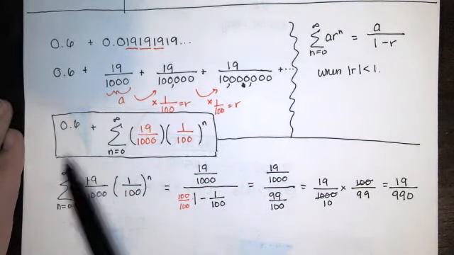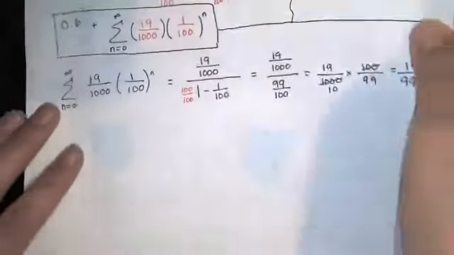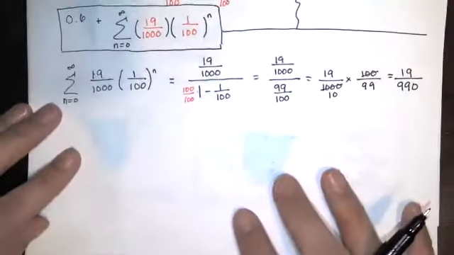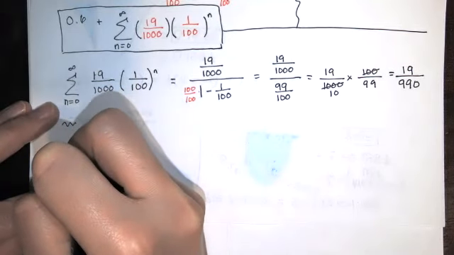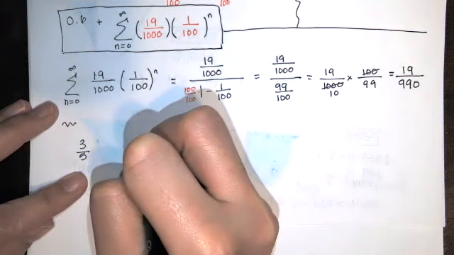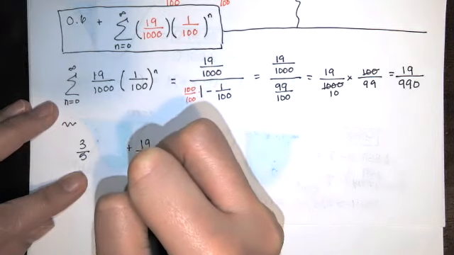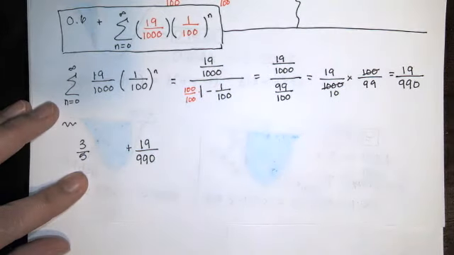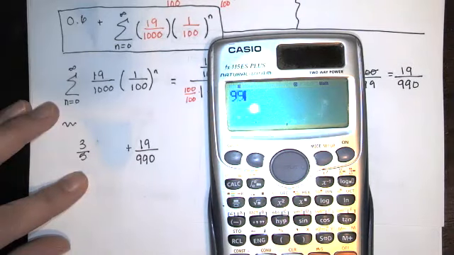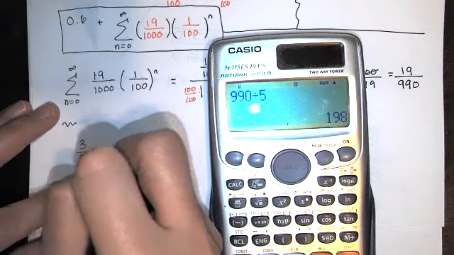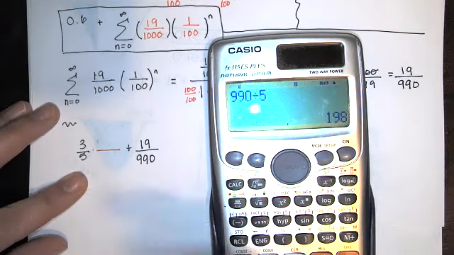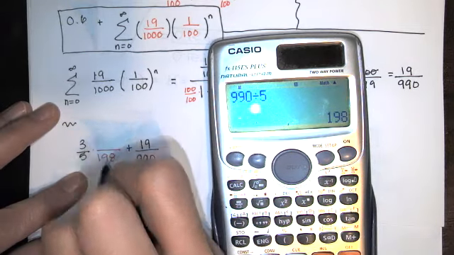I need to add that 3/5 to this. So we'll have 3/5 plus 19 over 990. If you want, you can get a common denominator. 5 times 198 is 990.